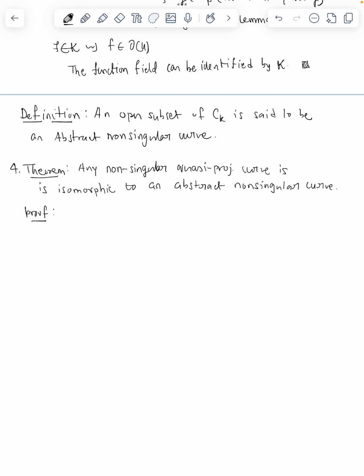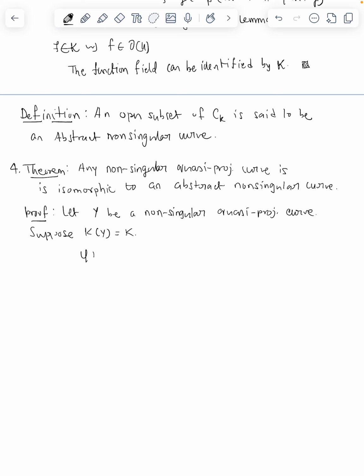So you start with a non-singular quasi-projective curve Y, and let's call its function field K. Suppose K(Y) is K, the function field.